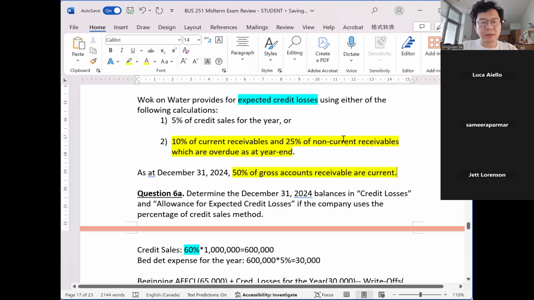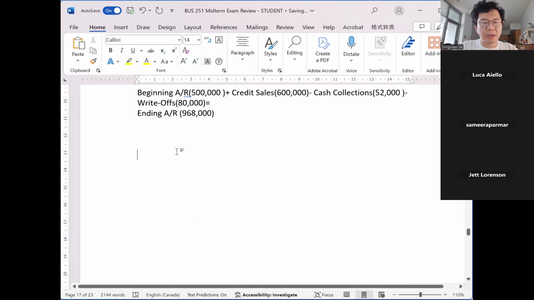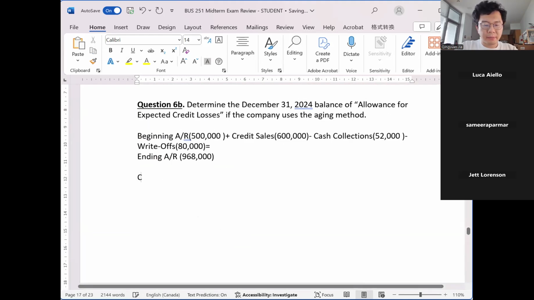Current 10%, non-current 25%. So times 50%.